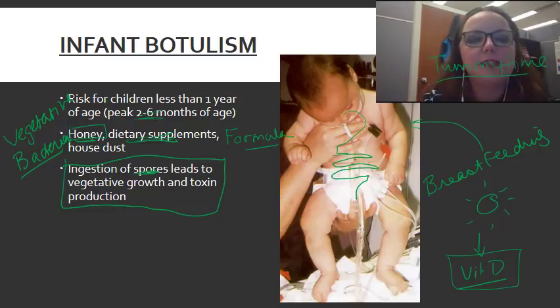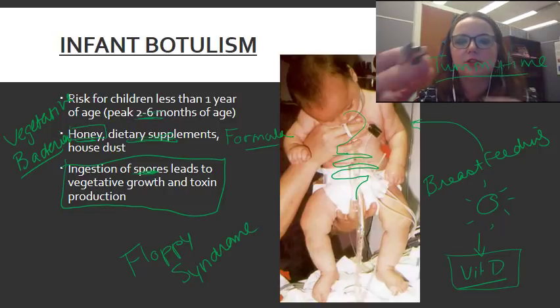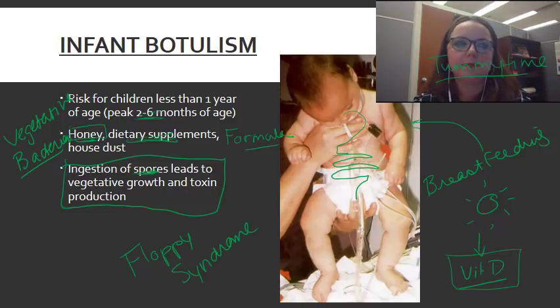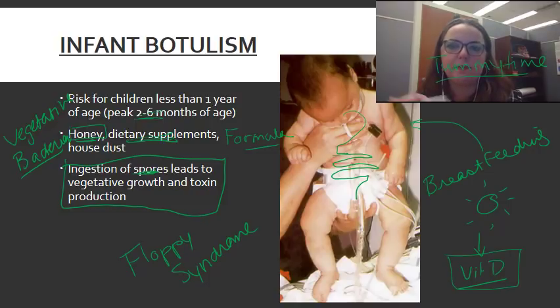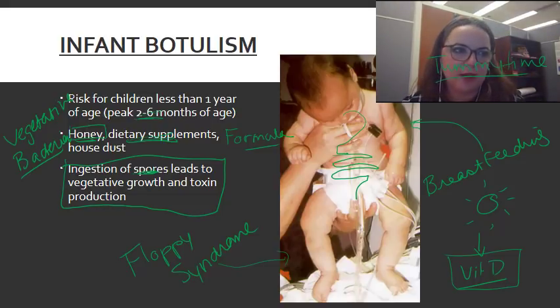In this case, disease is sometimes referred to as floppy baby syndrome, as is shown here. You can see that there's just no muscle contraction happening in this baby. It's not that this baby is asleep, although they might be, but that there's just no muscle contraction. The baby's entire body exhibits this flaccid paralysis.